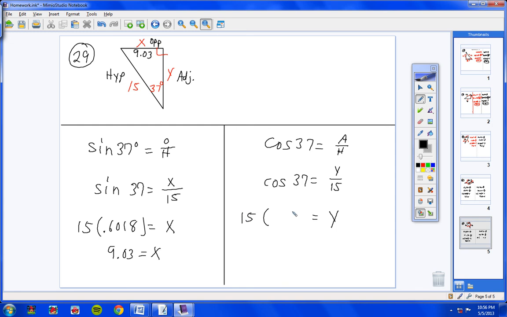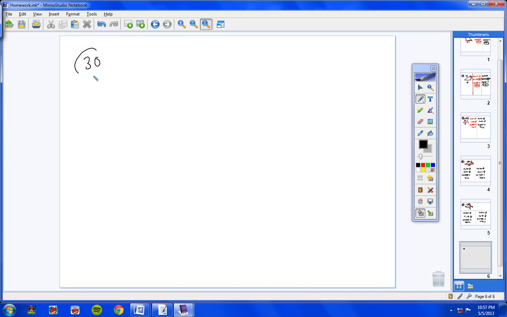The cosine of 37 is 0.7986. Multiply those two numbers together, and you'll get 11.98. 11.98 equals y. So the length of y right here is 11.98.